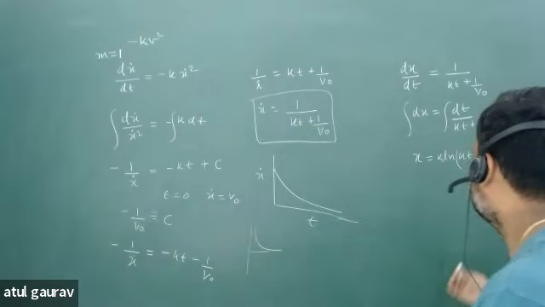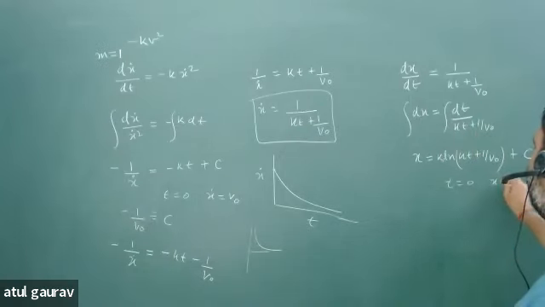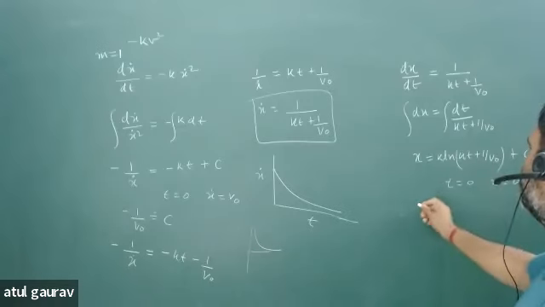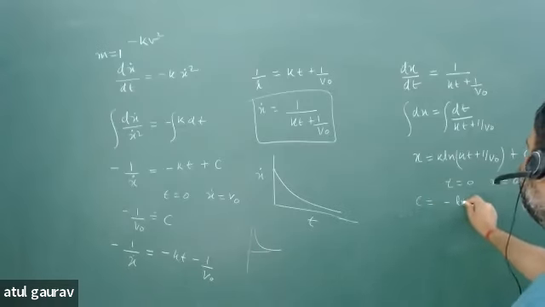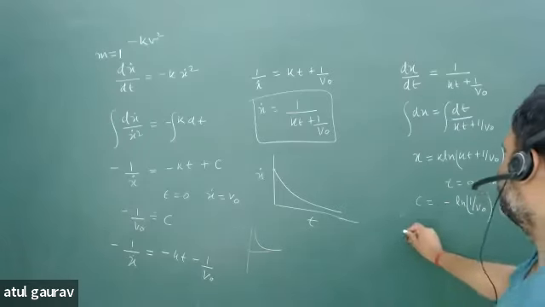So what will be the value of c? At t is equal to 0, I can put x is equal to 0. So c is equal to minus (1/k) ln 1 upon v naught. So what is your x?